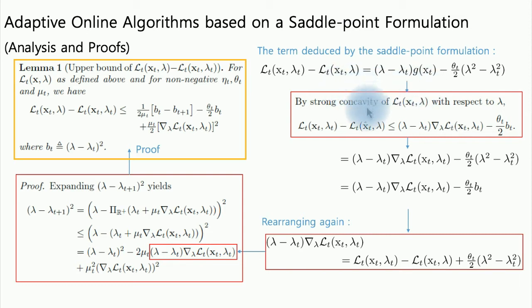By strong convexity of Lt with respect to lambda, we get this formulation. Finally, rearranging again with respect to lambda, and substituting the inequality of lambda minus lambda t plus 1 over square, results in the upper bound of the difference of Lt with respect to lambda.